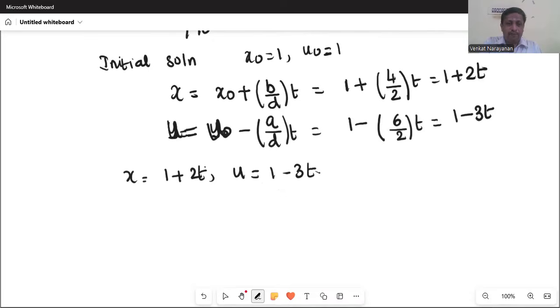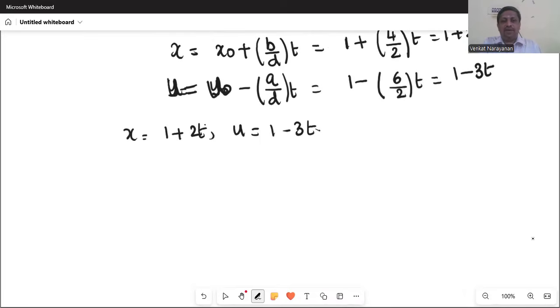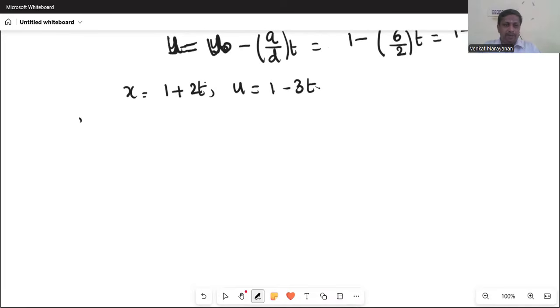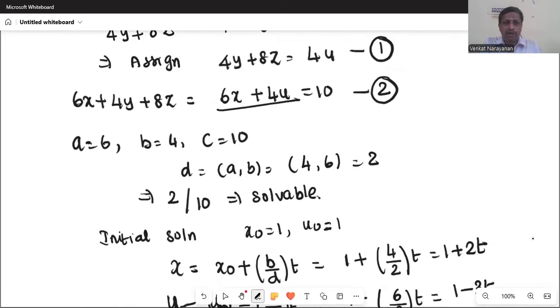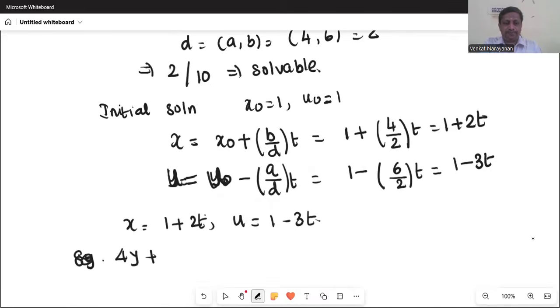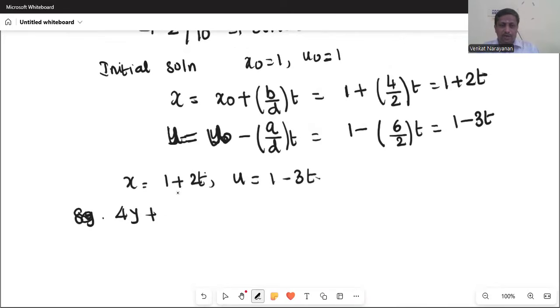Now, we come to the problem. What is the given equation? 4y plus 8z. We consider 4y plus 8z equal to 4u.